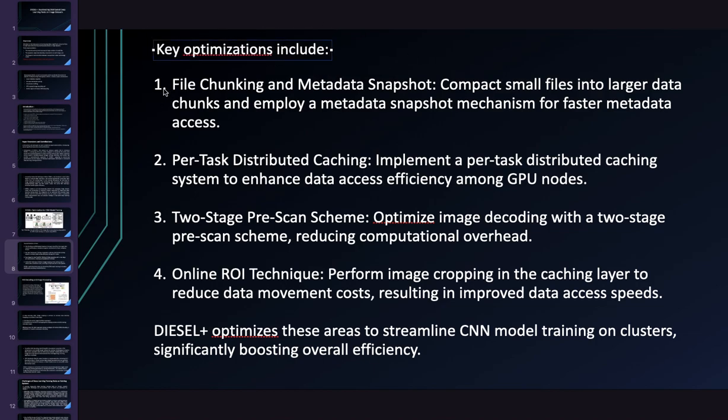The key optimizations include, first, file chunks and metadata snapshot: compacting small files into large data chunks and employing a metadata snapshot mechanism for faster metadata access. Then the second is per-task distributed caching.